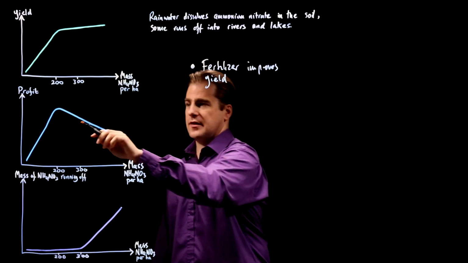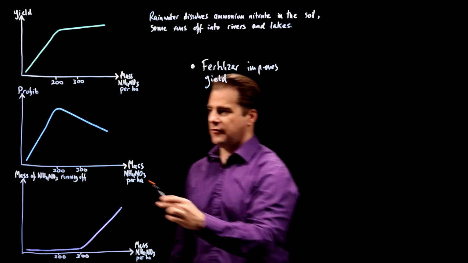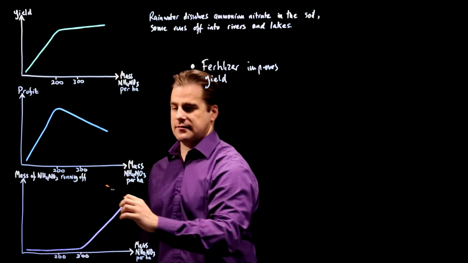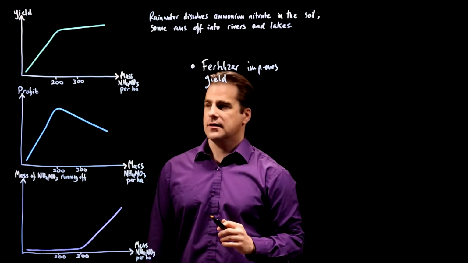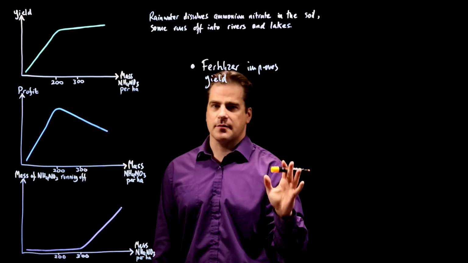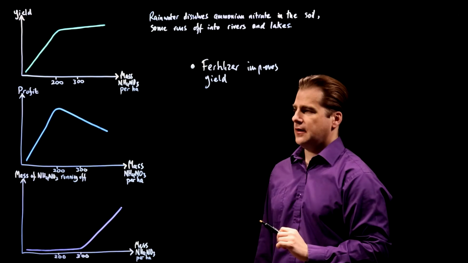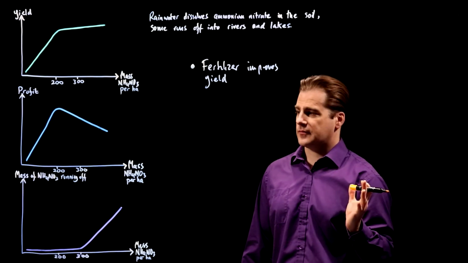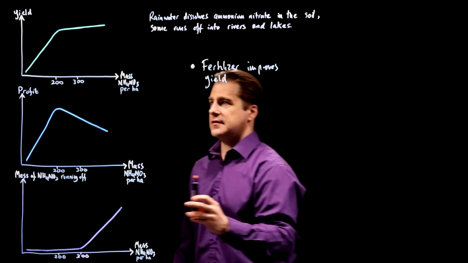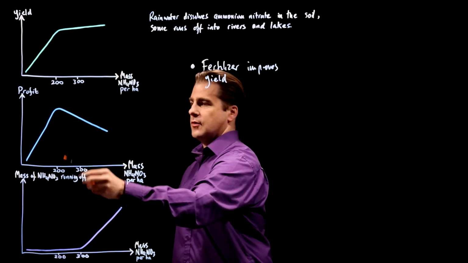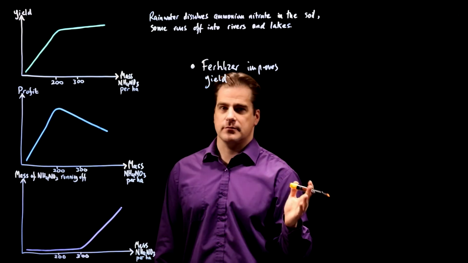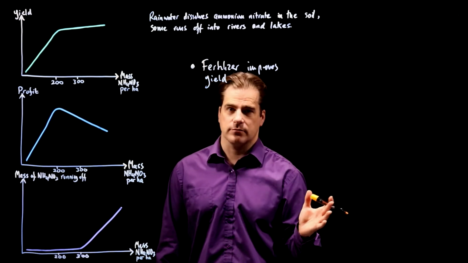Right, what can we say about profit? Well, profit is at its highest at a mass of 200. So say something like, it's desirable for farmers to have as high a profit as possible, so 200 would be the best mass for the maximum profit.